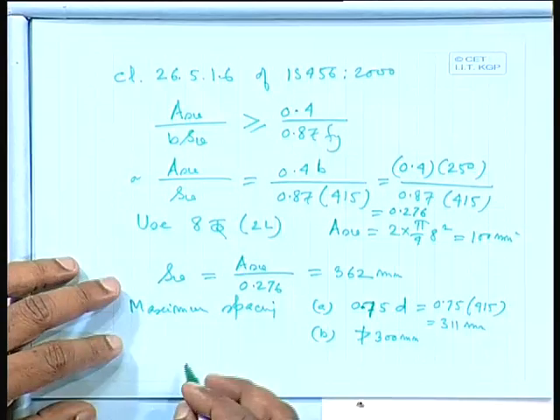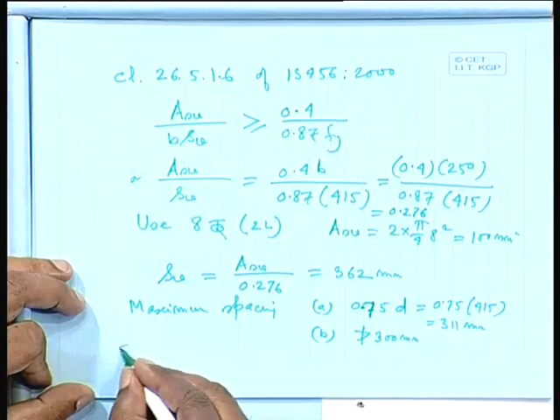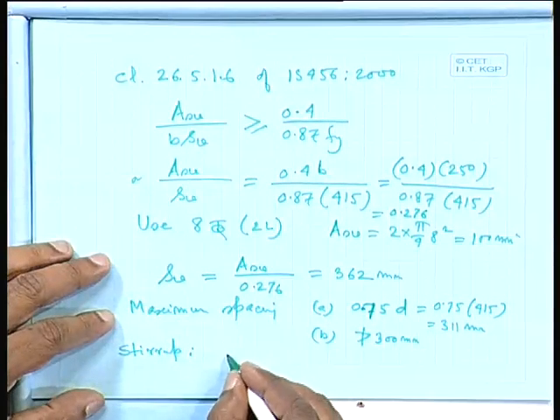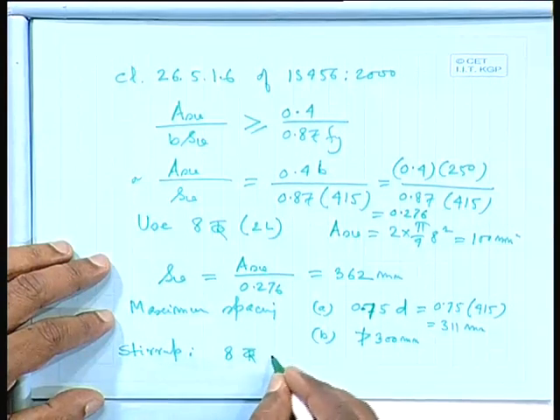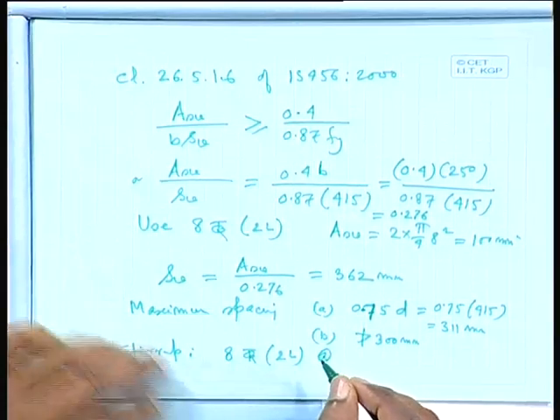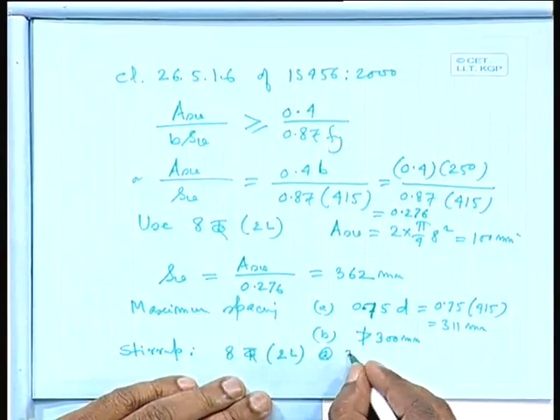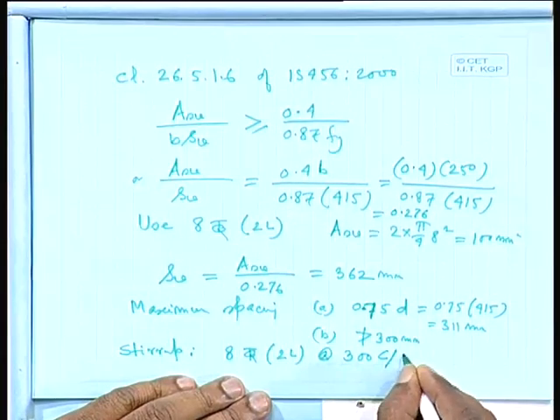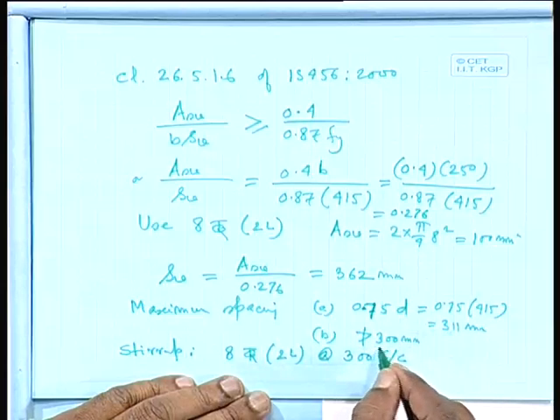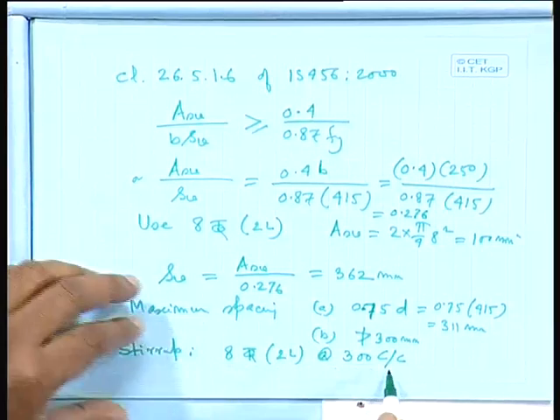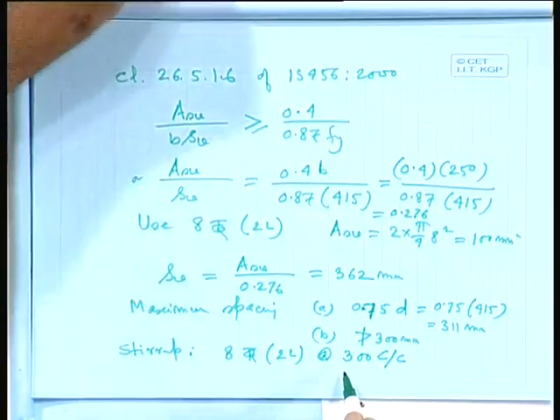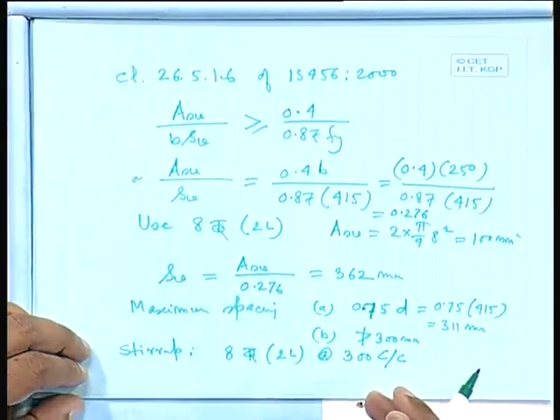So, we have to provide the shear reinforcement 8 torr two-legged at the rate of 300 center to center, because we are taking 300, that is the minimum, and here 311. So, we have to provide 300. That is the nominal reinforcement.